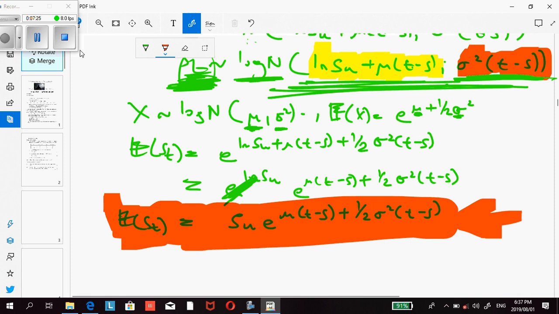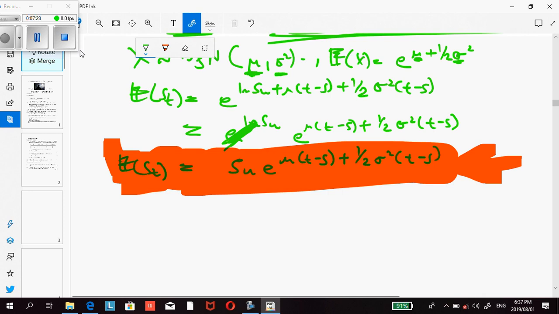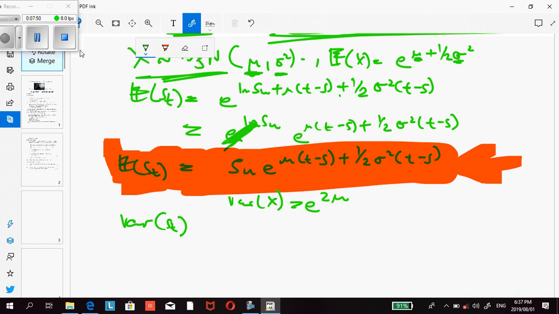So let's do it for the variance and see what will happen. If I've got S sub t as a log normal distribution, then the variance of S sub t, remember, the variance in general of x, if we have a normal distribution, is e to the power of 2 mu plus sigma squared into e to the power of sigma squared minus 1.